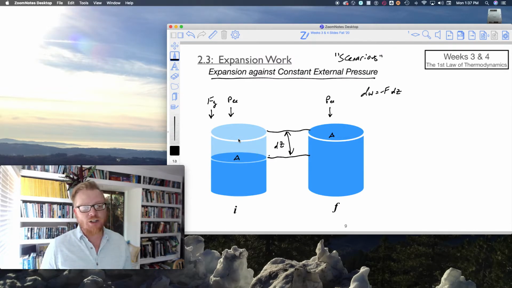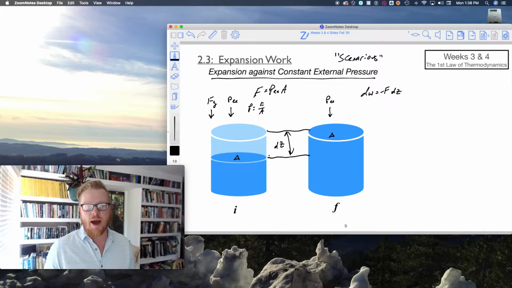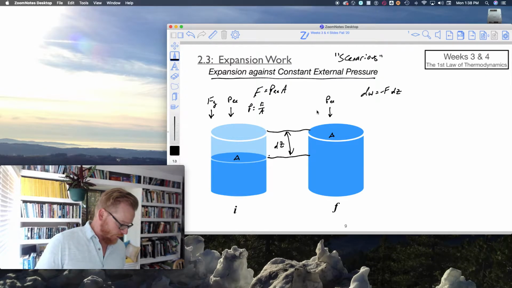So if we know pressure is force divided by area, then I can say that this force in question is going to be P external times the area. And again, I get that because by definition pressure is force divided by area. And so I can say then that the work this cylinder is undergoing is given by this force acting over this area with that constant external pressure.